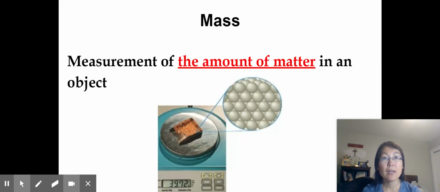Okay. So for mass, how do we take measurement of mass? Mass is talking about the amount of matter in the object. Everything in the world contains material inside it, stuff like atoms, and you know, it has mass. How do we measure mass?